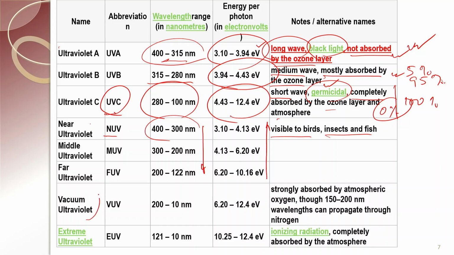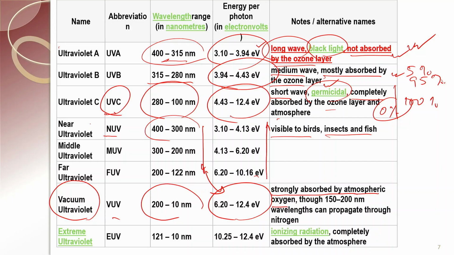Now, the vacuum ultraviolet, VUV, with the very short wavelength, 10 to 200 and high energy. So, 6.2 to 12.4 electron volt, and you can see it is strongly absorbed by the atmospheric oxygen.